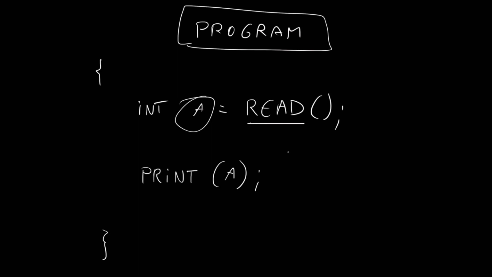We read some value from somewhere. It could be from the keyboard, from a file, from the network, from a server, and so on and so forth. So this would be more of an algorithm because it is taking the data from one place and displaying it somewhere else. It's still a very simple algorithm, but it is an algorithm nonetheless.